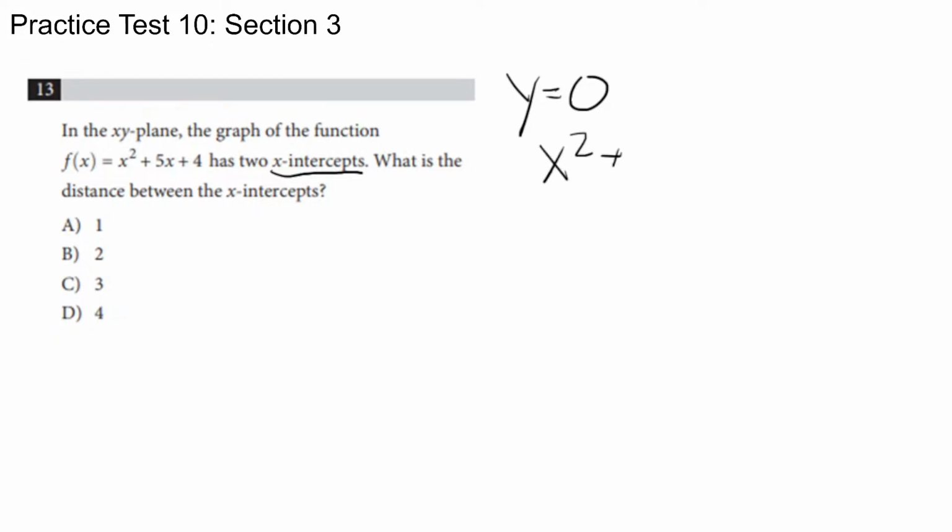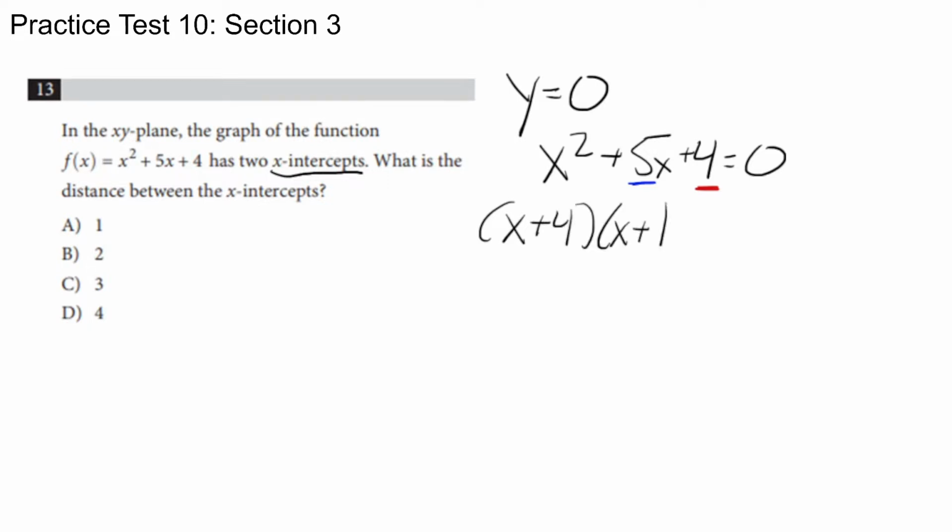I have x squared plus 5x plus 4 is equal to 0. From here I need to factor. When I factor, I want my numbers to add to 5 and multiply to 4. So if I factor this out, I get (x plus 4) times (x plus 1) is equal to 0.